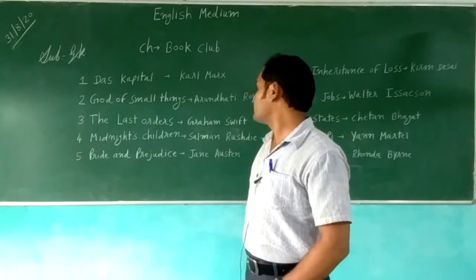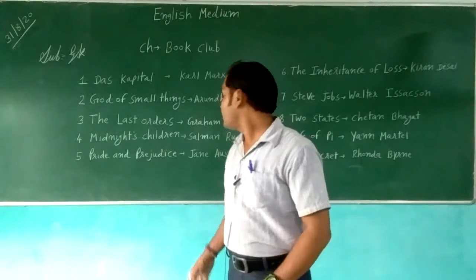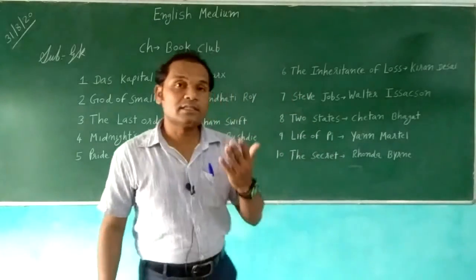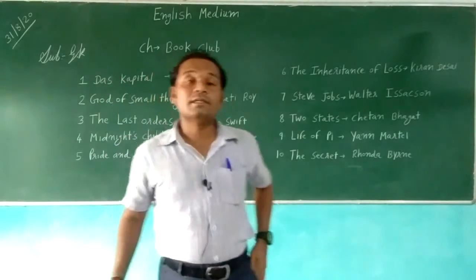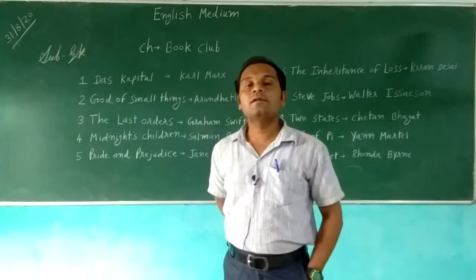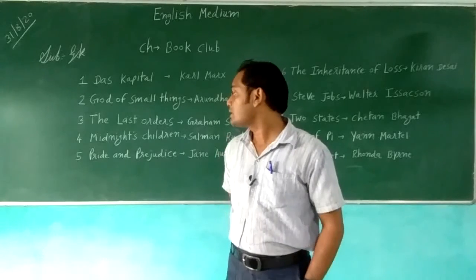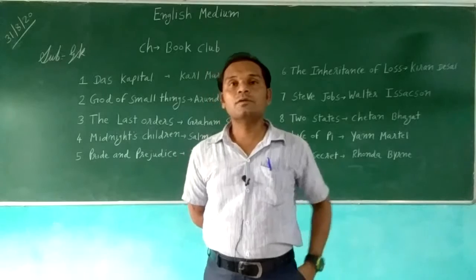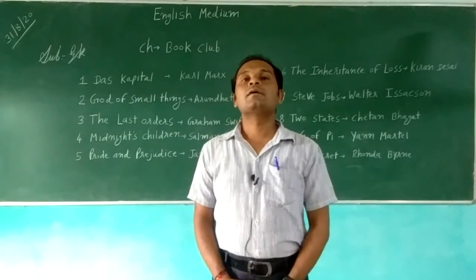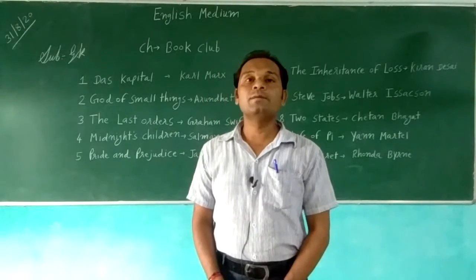Pride and Prejudice was written by Jane Austen, an English writer. It is a kind of family book.